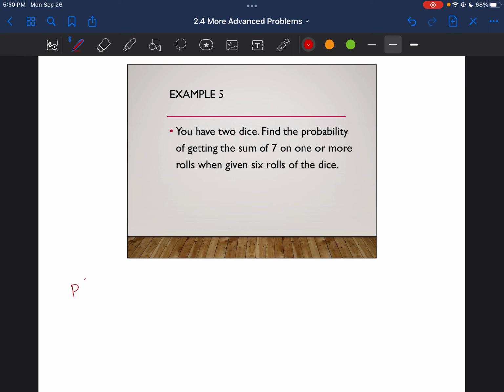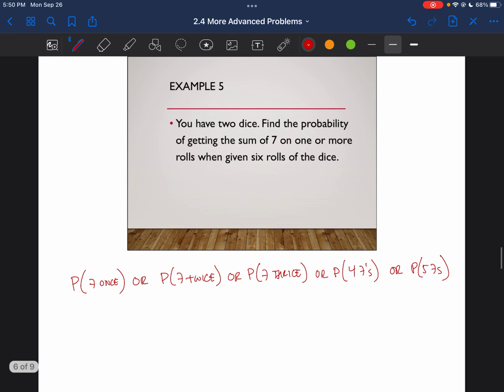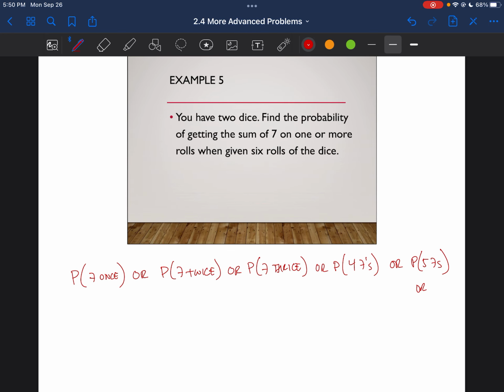So this is I could roll a 7 once, or I could roll a 7 twice, or I could roll a 7 3 times, or I could roll a 7 4 times, or I could roll a 7 5 times, or I ran out of room, or I could roll a 7 6 times.